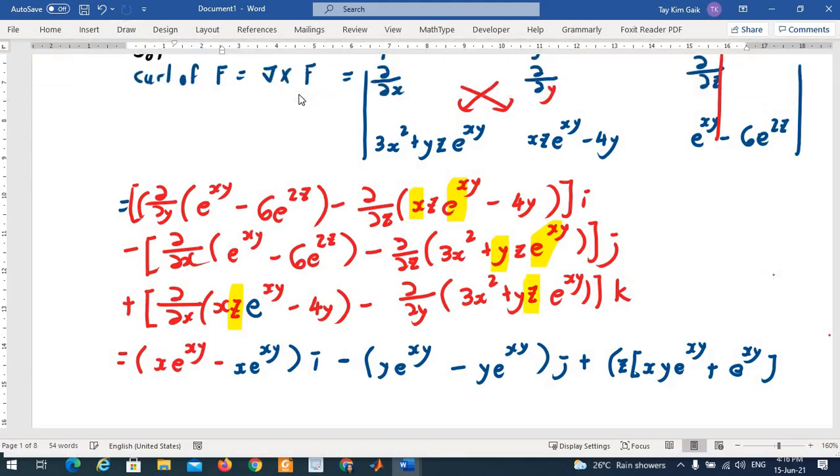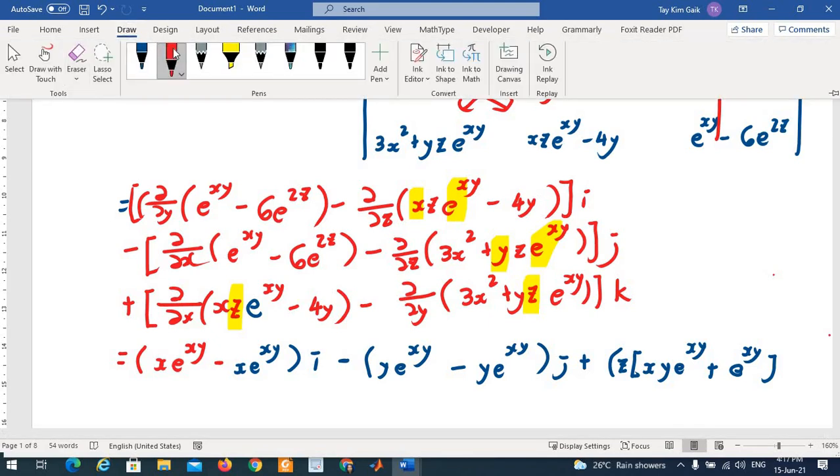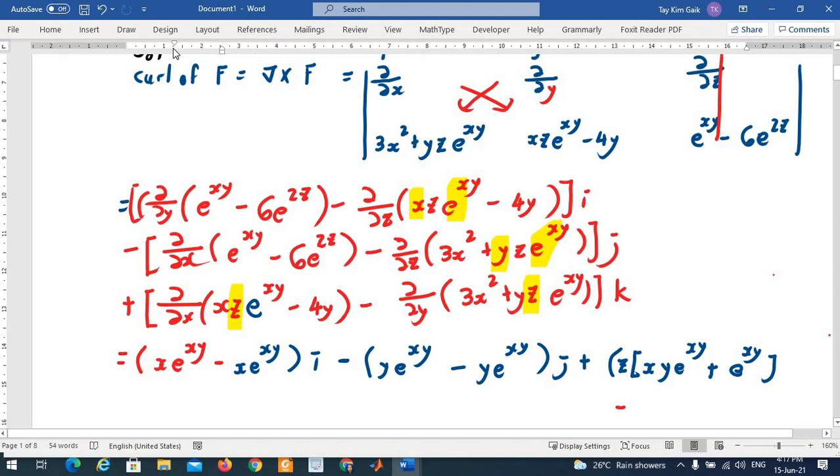Because when you differentiate with respect to y, z is constant, so I factor out z, so minus z, and then ∂/∂y of y e^(xy): you have q which is y, and then ∂/∂y of e^(xy) gives x, that's why xy e^(xy). Then this is u v prime plus v u prime, which is plus e^(xy).